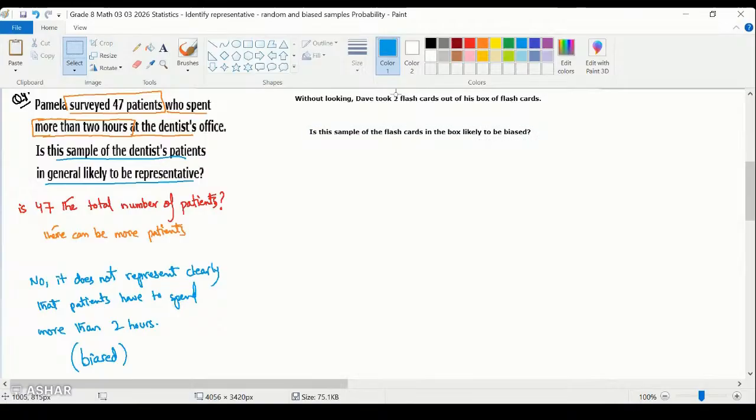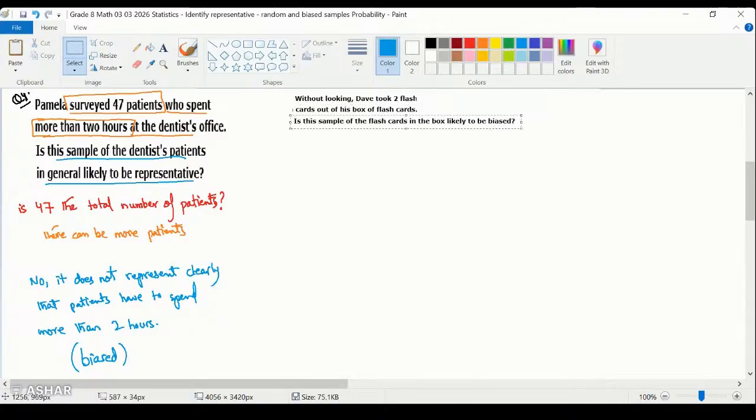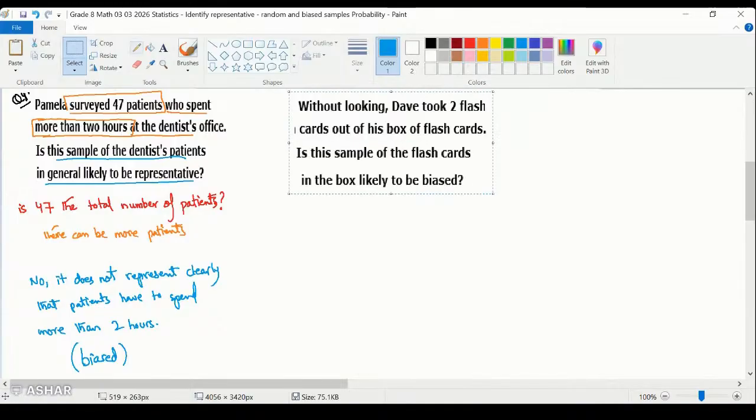What Dave is doing is, he has a box, or we can assume a deck of cards, right?